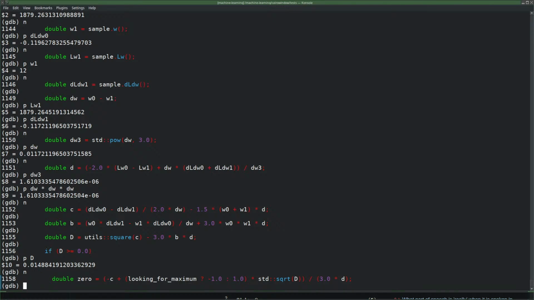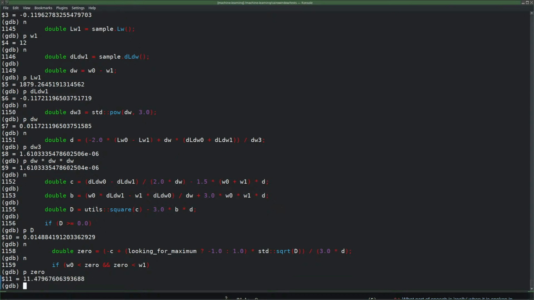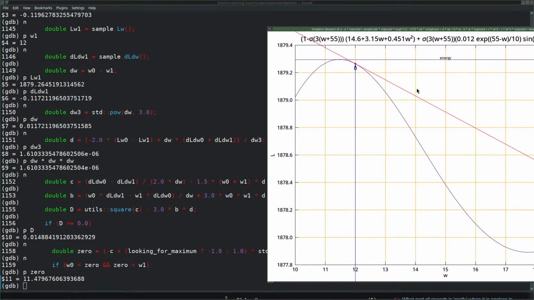And then by some super coincidence, this is going to be between W0 and W1. No, never, ever. I think the logic after this fails. It is absolutely not true. In fact, it's perfectly matching my parabola. It looks like a parabola here. 11.4, yeah.